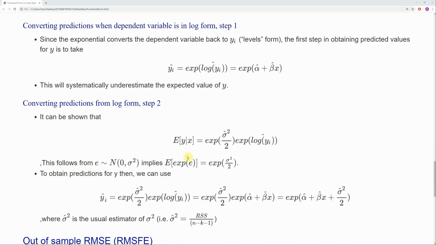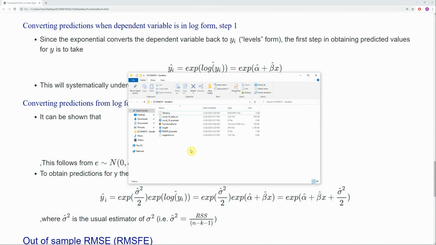The example that we have here is going to use the wage race data set that we have worked with in one of our assignments.